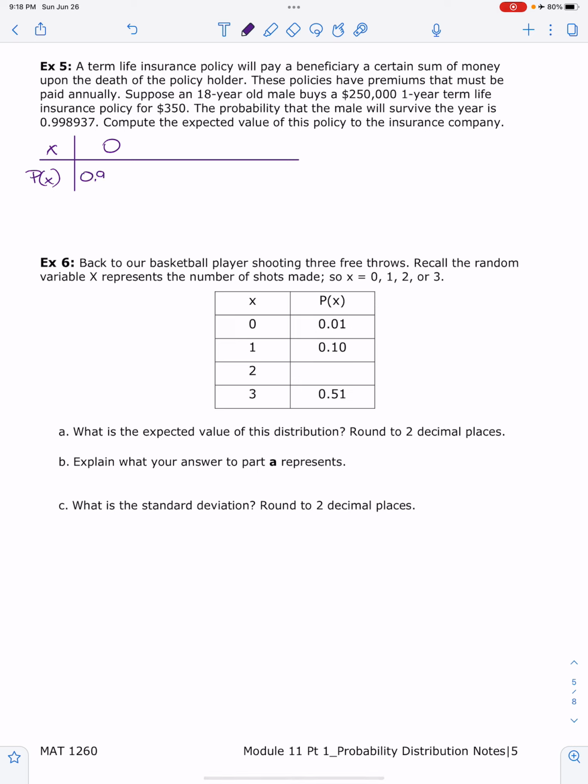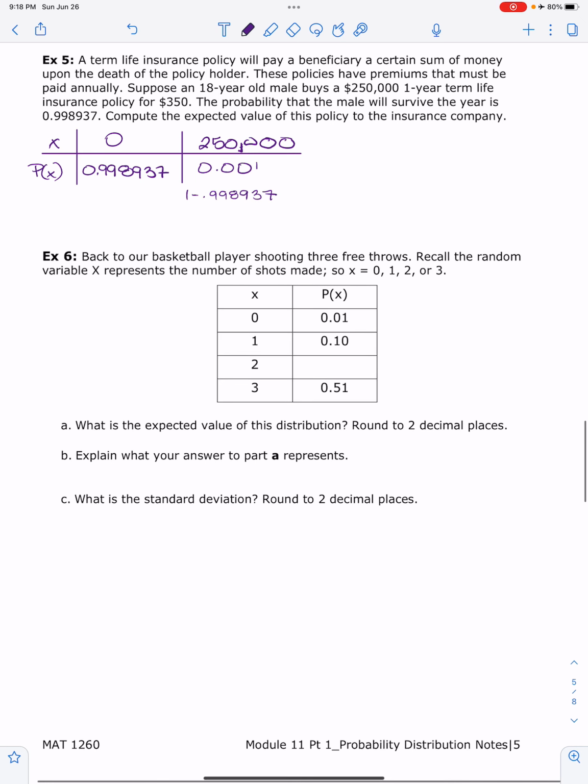And the probability of that is 0.998937. The insurance company pays out that $250,000 if our 18-year-old passes away, and the probability of that, which is 1 minus 0.998937, is 0.001063.